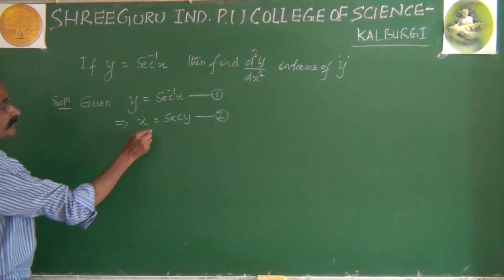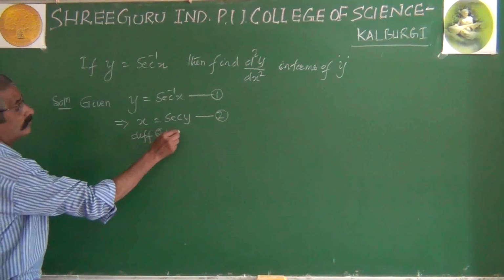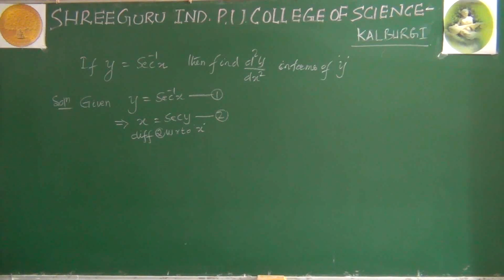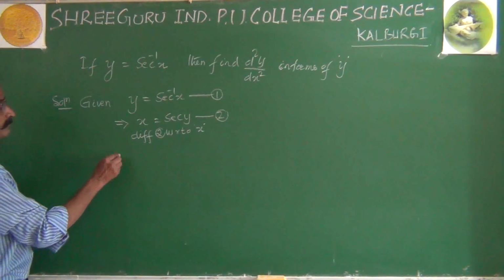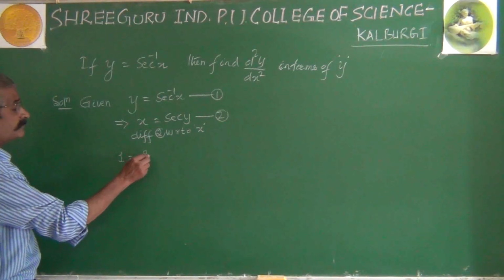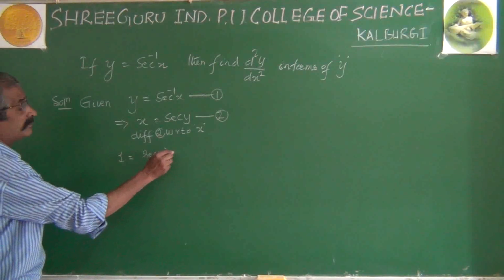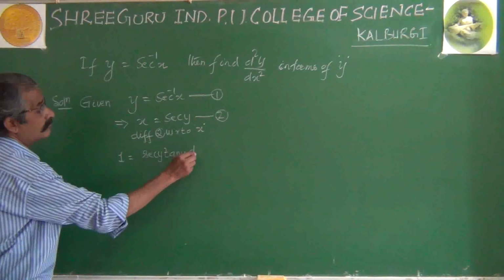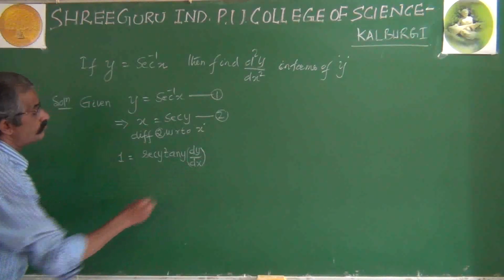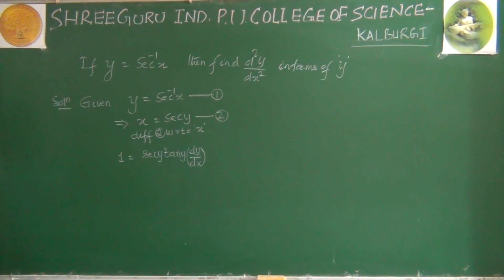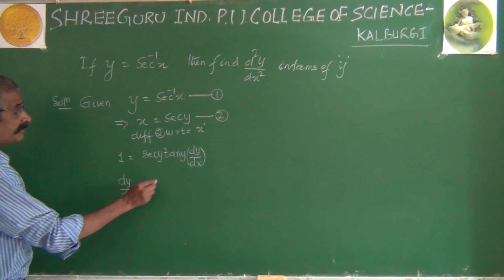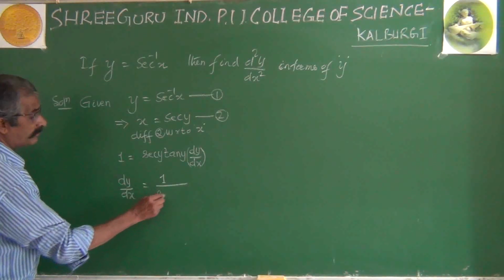Differentiating 2 with respect to x. Differentiation of x with respect to x is 1. On the right-hand side, differentiation of sec y is sec y tan y into dy by dx. From this, dy by dx equals 1 divided by sec y tan y.